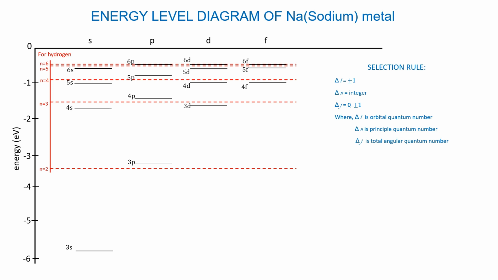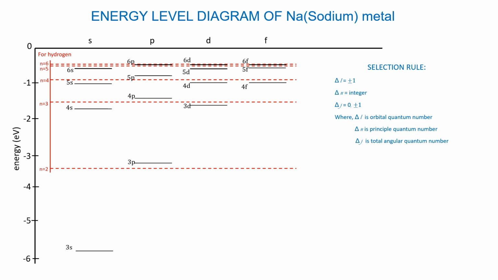Similarly, the second criterion is that delta n should be an integer, that is, the difference between the principal quantum numbers of two orbitals must be an integer. It should not be negative or 0. The third criterion is delta J equals 0 or +1 and -1. That is, the difference between the total angular quantum numbers of two orbitals must be 0 or ±1.